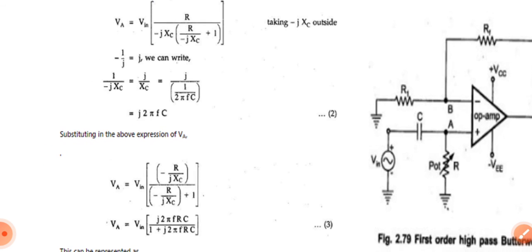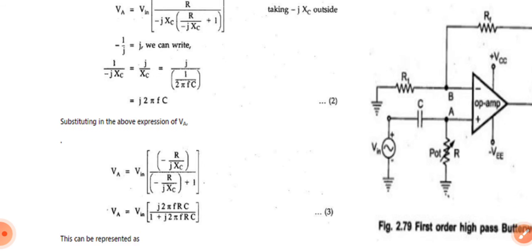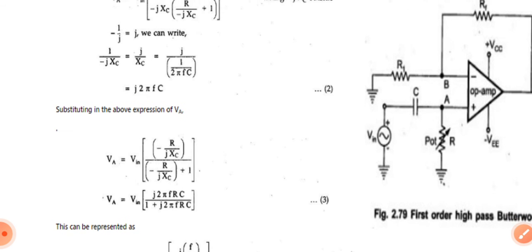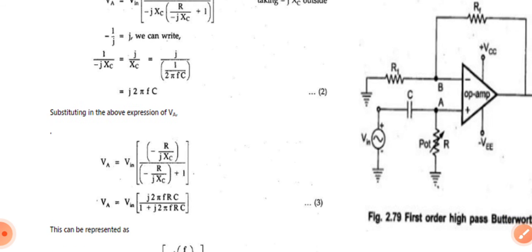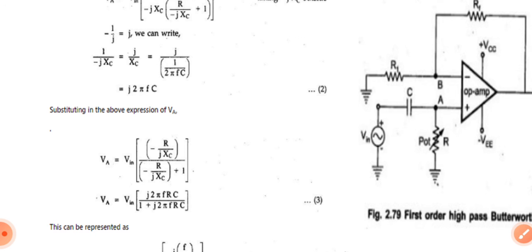This value take it in the numerator, R divided by JXC plus 1. Correct. You have to put this value in this 1 divided by minus JXC value. You have to put it in all the equations.